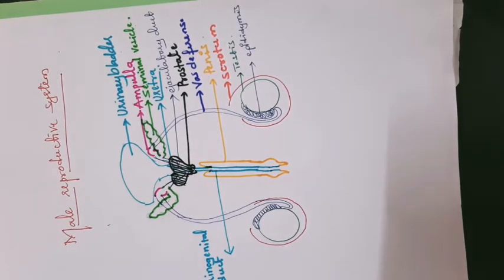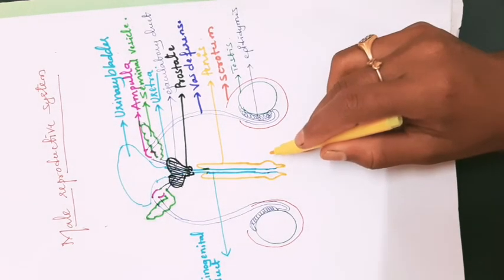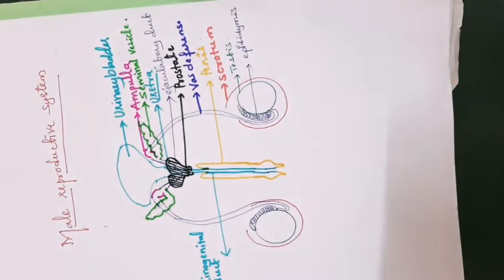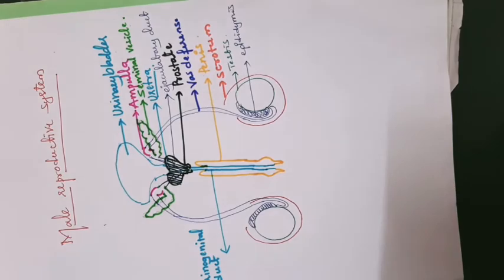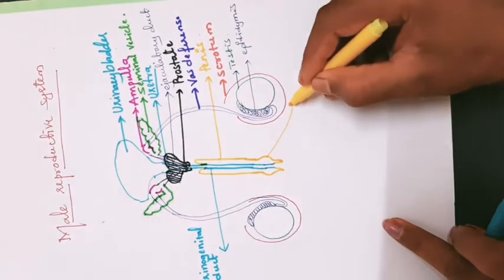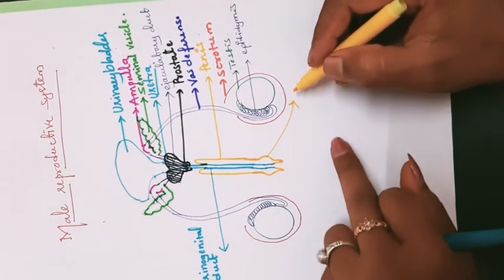It has a swollen structure at the lower side called the glans penis.